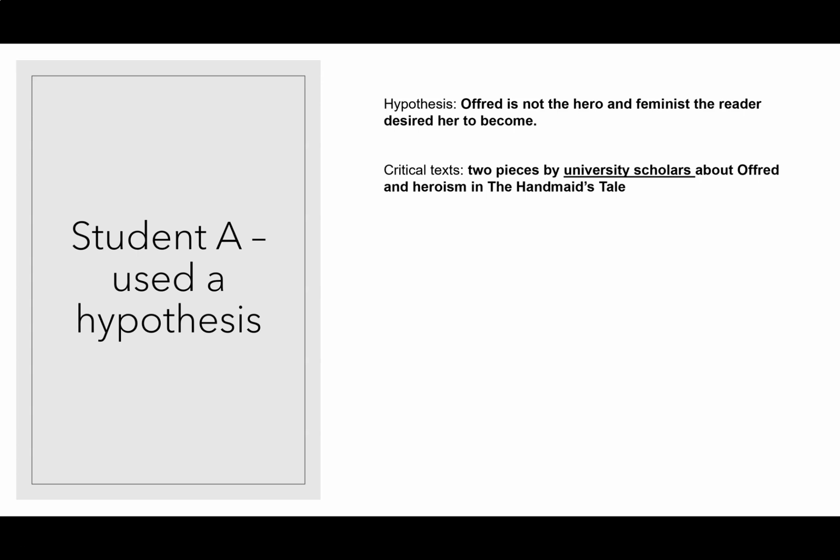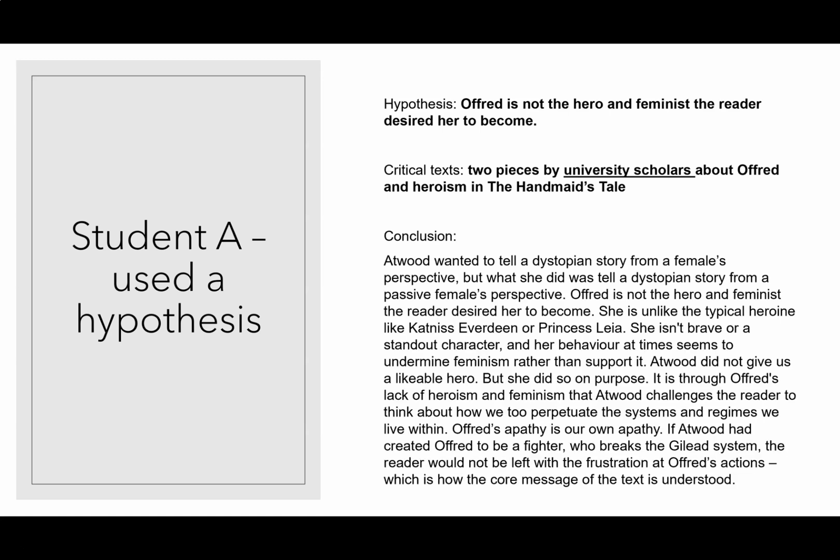Okay, just to make sure that you've got some backup. Here is an example of their conclusion. Atwood wanted to tell a dystopian story from a female's perspective, but what she did was tell a dystopian story from a passive female's perspective. Offred is not the hero and feminist the reader desired her to become. She is unlike the typical heroine, like Katniss Everdeen or Princess Leia.